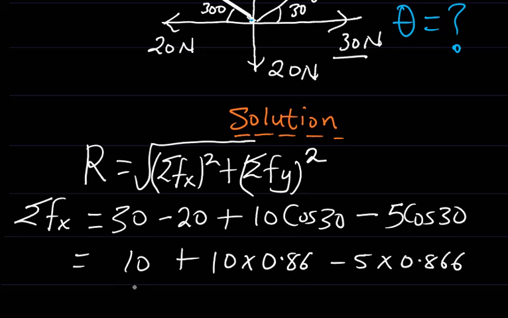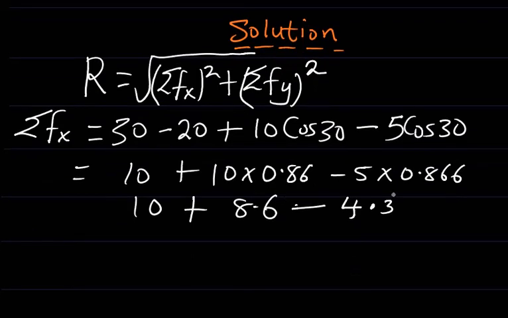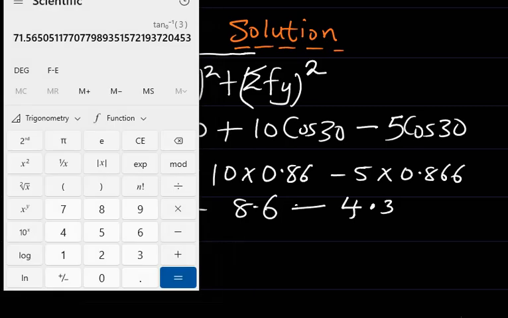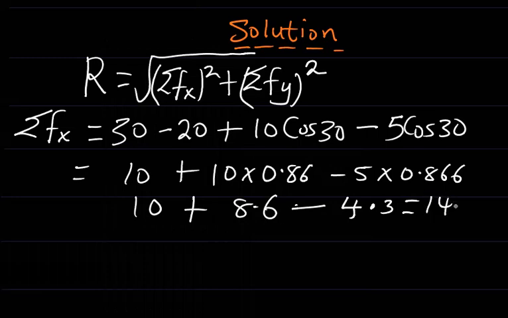So this is going to be 10 plus 8.6, minus 4.3. Let's add up: 18.6 minus 4.3 is 14.3 Newton.